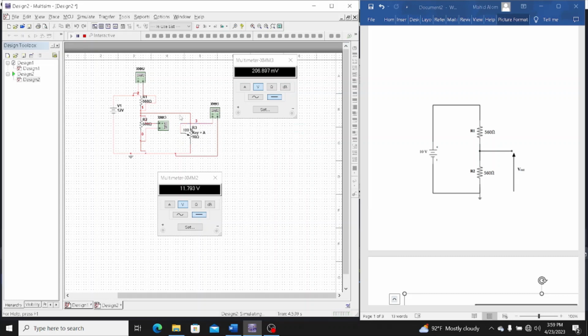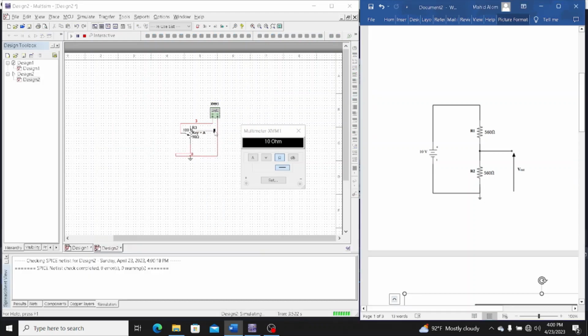If I just disconnect this, I'm going to disconnect it to only show the value of resistances, and I want to change the resistance value, and in this display you can see that if I change this, then the output resistance will be different.